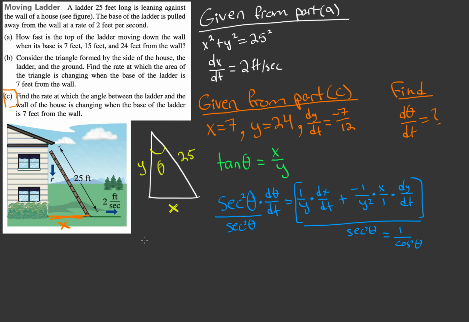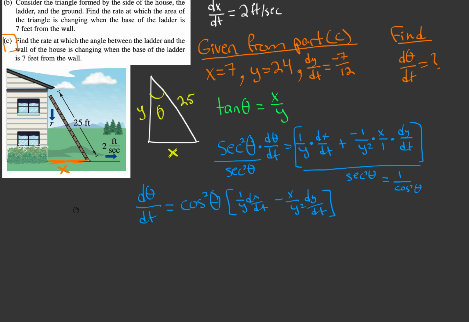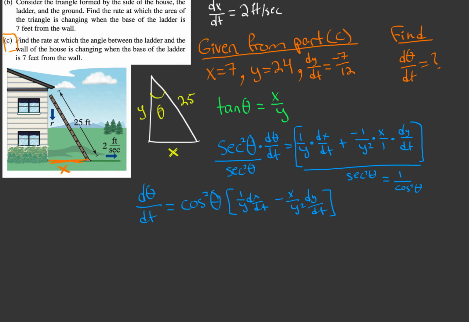So d theta dt is equal to cosine squared theta times our whole expression, which is 1 over y dx dt, minus x over y squared dy dt. Now we just have to plug in our values to find the rate of change of our angle.